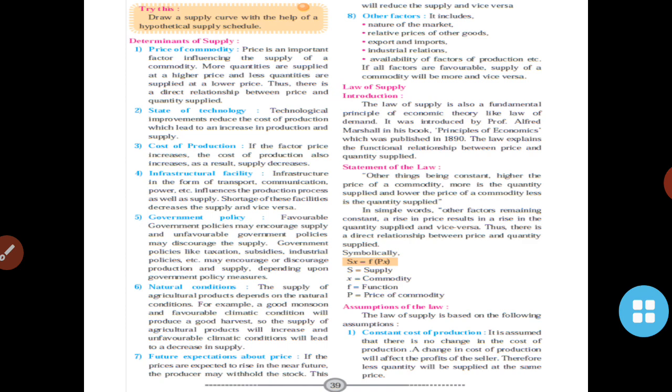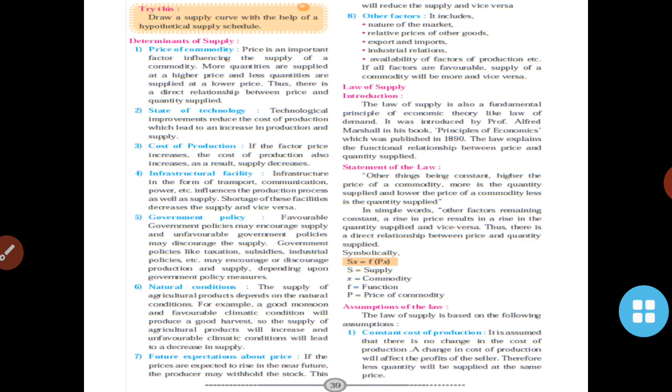Other things being constant, the higher the price of a commodity, the more is the quantity supplied; the lower the price of a commodity, the less the quantity supplied. In simple words, other factors remaining constant, a rise in price results in a rise in the quantity supplied, and vice versa.